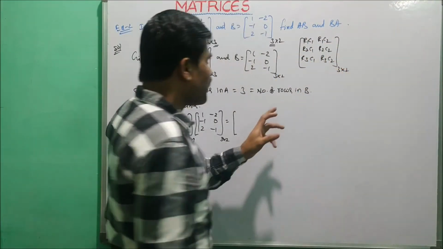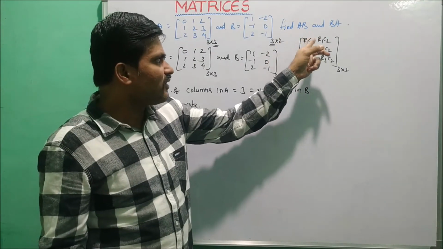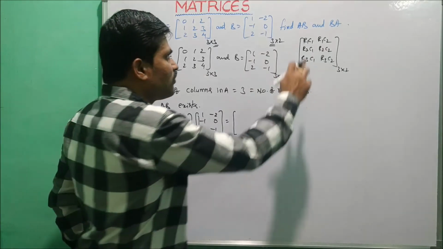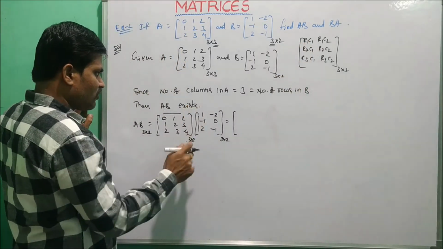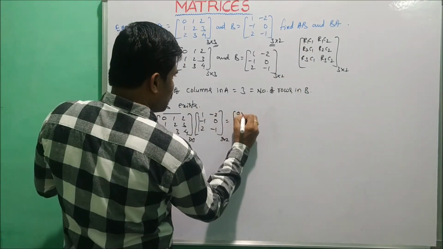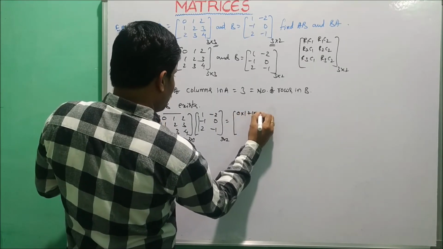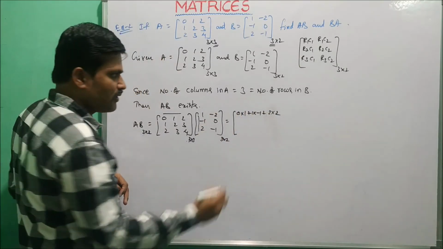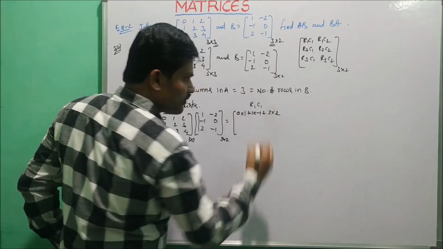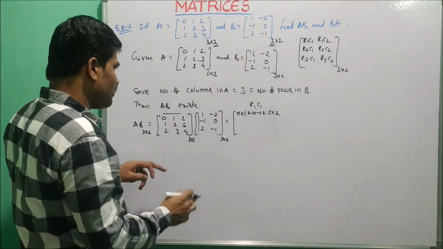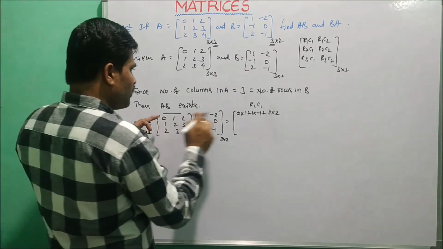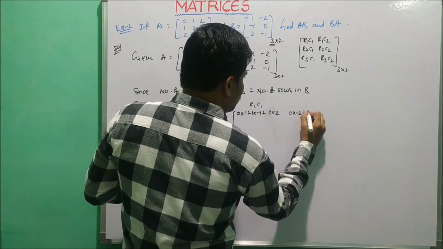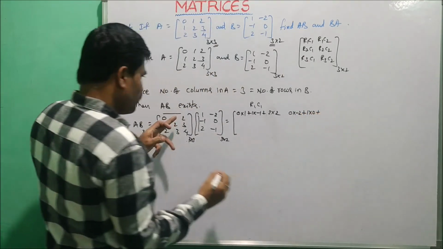Now in the resultant matrix the formation is R1C1, R1C2, R2C1, R2C2, R3C1, R3C2. First we take R1C1, the first row, first column: 0 into 1 plus 1 into -1 plus 2 into 2. This is R1C1. Similarly, R1C2, first row, second column: 0 into -2 plus 1 into 0 plus 2 into -1.